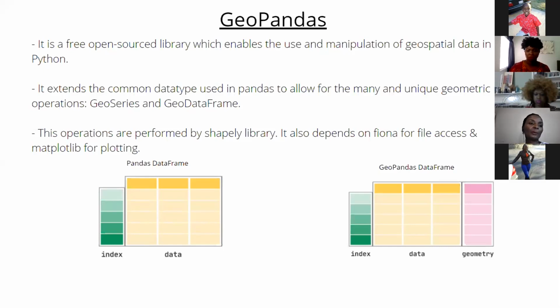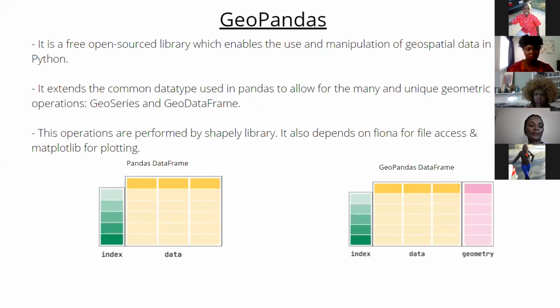But now with geopandas, which is a free open source library, you're able to use the geospatial data to map anything onto what you have. So data science and GIS come to marry together in geopandas.